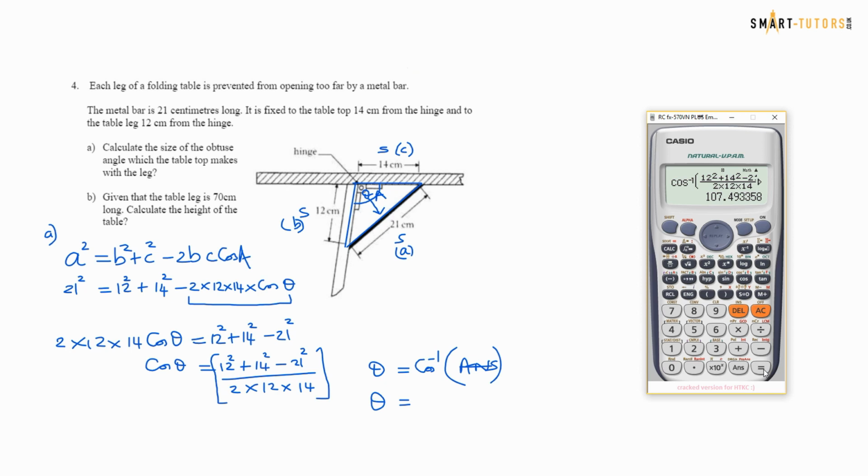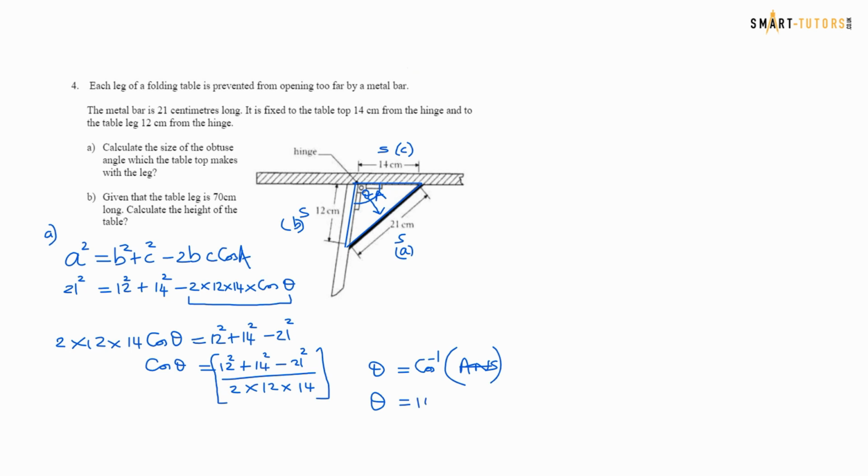That is 107 to the nearest degree, so 107.5 degrees to 1 decimal place. So that's done, A part.